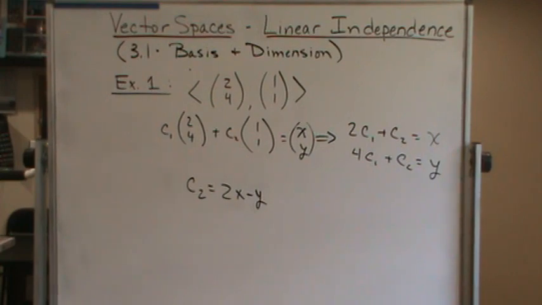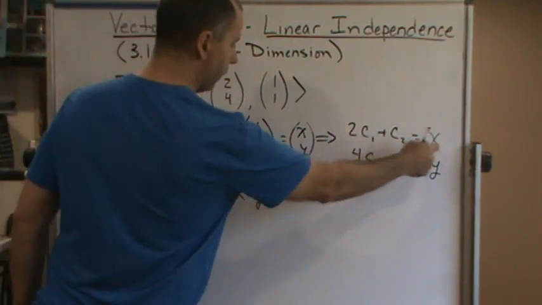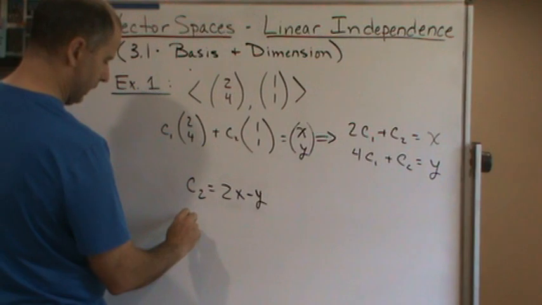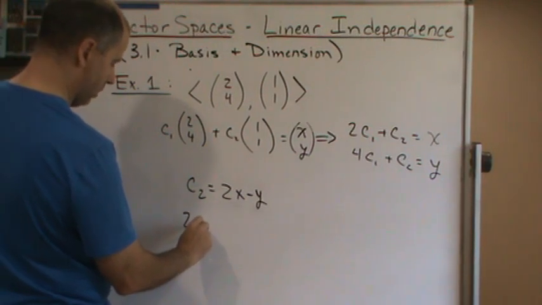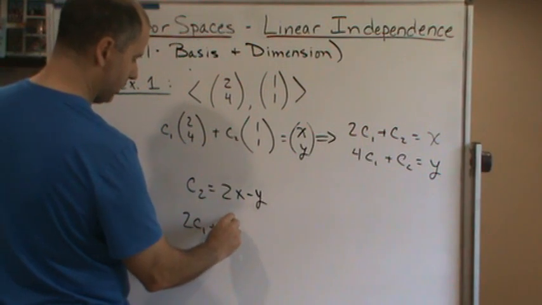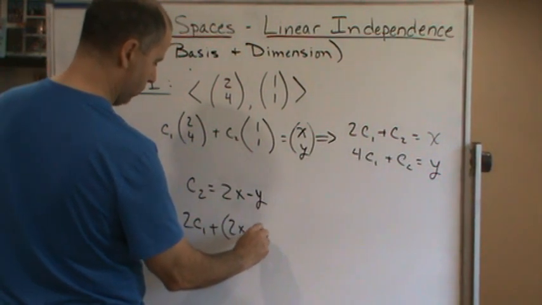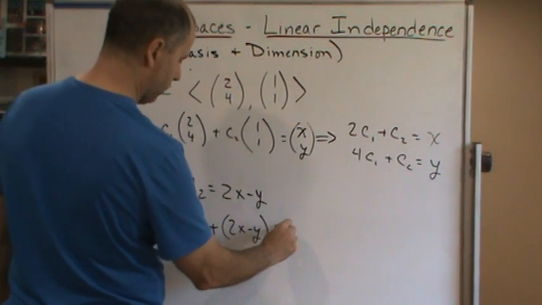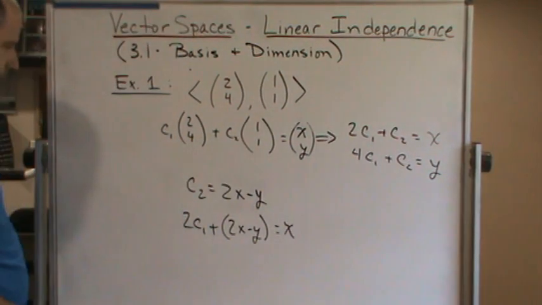And then, of course, by back substituting up here, what are we going to get? We're going to get 2C1 plus C2, which is 2x minus y equals x.